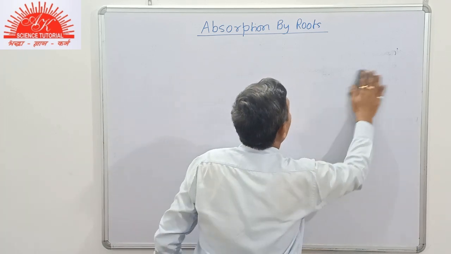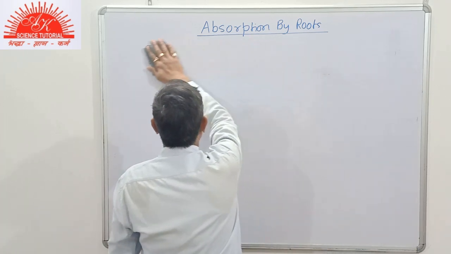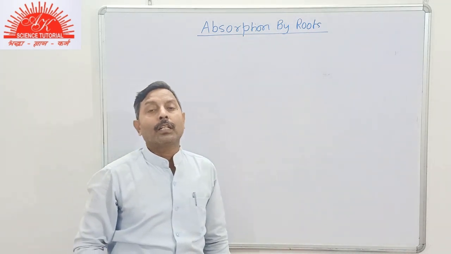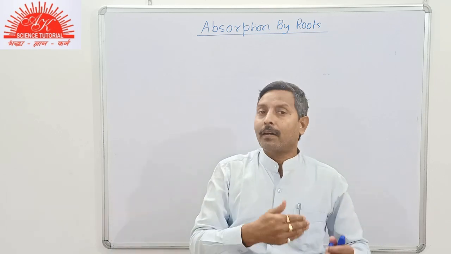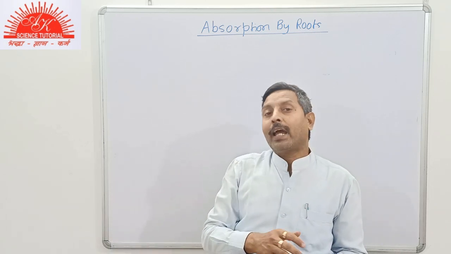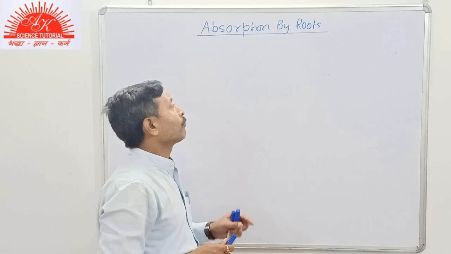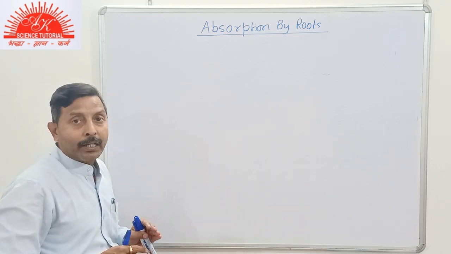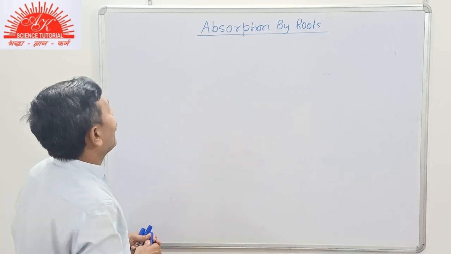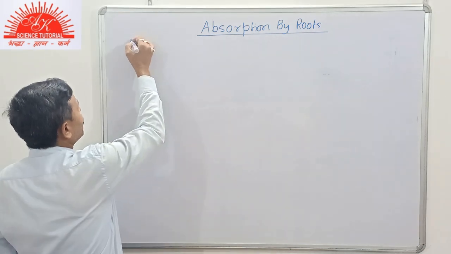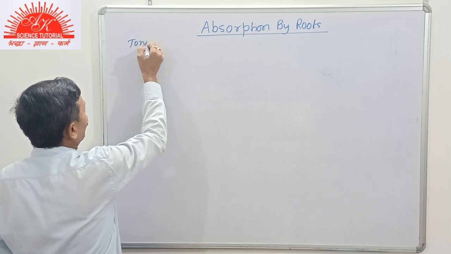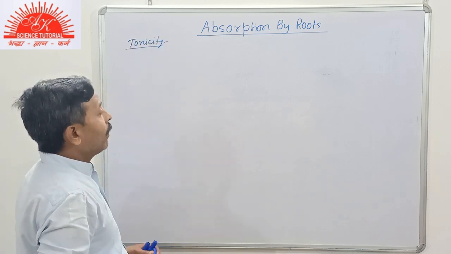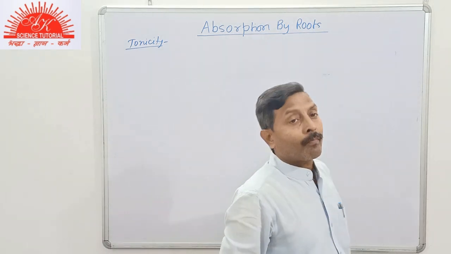Now, student, here we have to study the relative concentration of the solutions, which we have used as terms but have not explained clearly. Now we are going to define it in a proper way. That is called tonicity. Now what is tonicity?